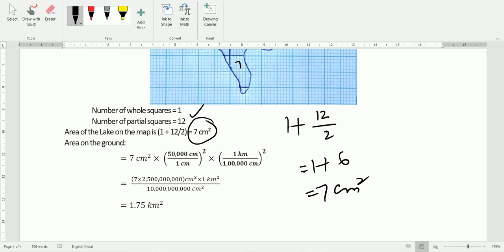So this is the area on the map, and applying the same formula, the area on the map and the scale factor are to be divided by the square of this 1 lakh centimeter, and we have got 1.75 square kilometer as the actual area on the ground. So these are the different methods to find out the area on the map and the area on the actual ground.